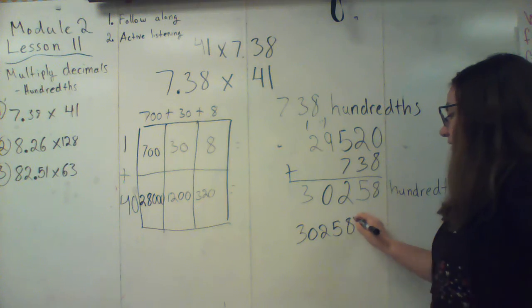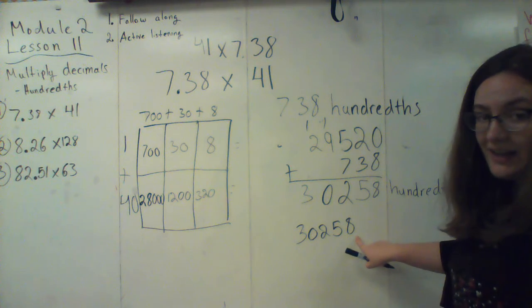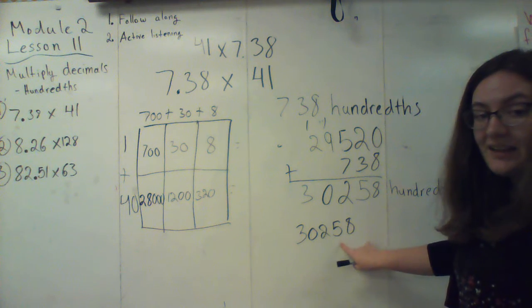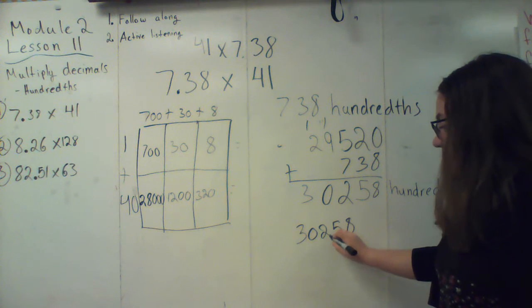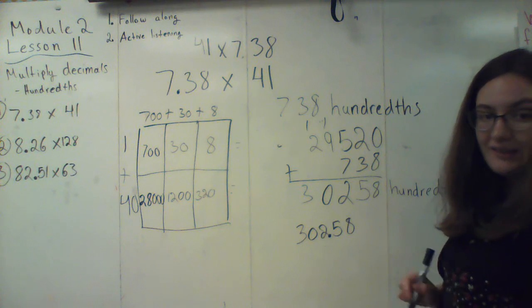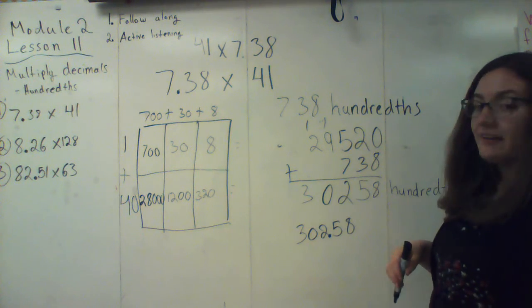And I'm going to think about, if this last number has to be in my hundredths place, where do I put my decimal? Well, I know that this is the hundredths place. This is the tenths place. That means that my decimal has to go right here, because then that is my ones place. So this is your answer using the area model.